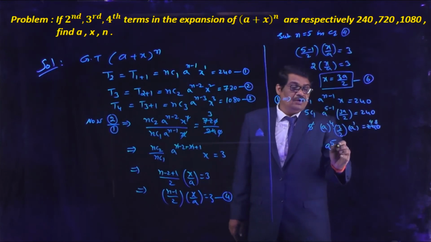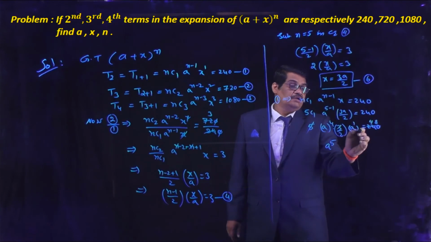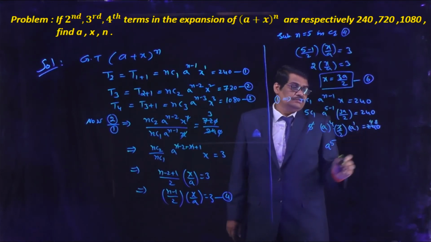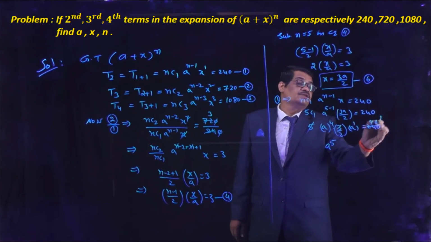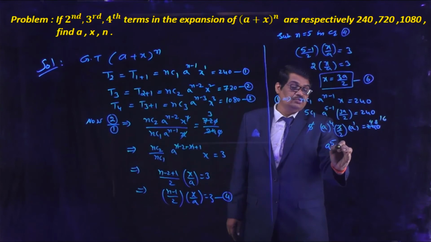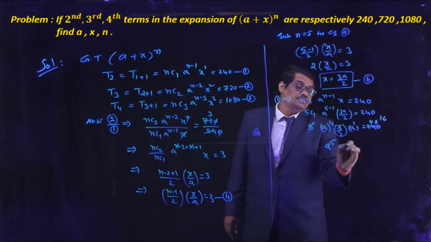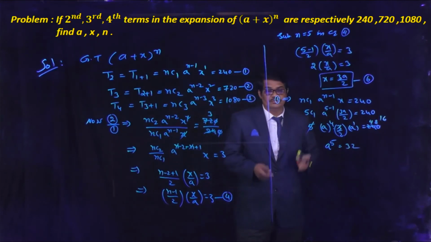Now we are writing this as 3 and here 2. So 3 ones are 3, 3, 16. From that, the remaining 2 is moving to this side, that is 32. Here we are getting a to the power of 5 is equal to 32.